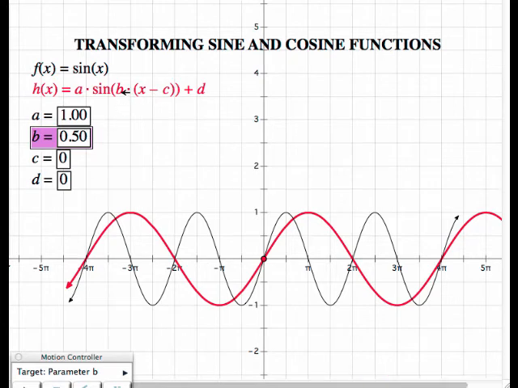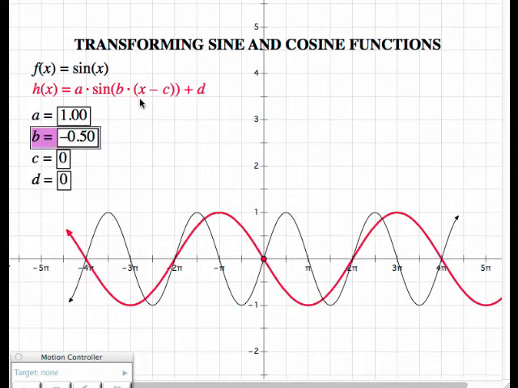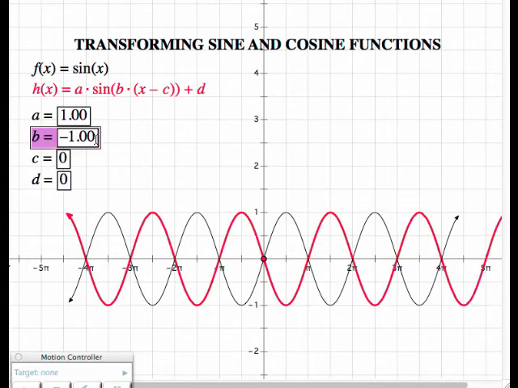Specifically, the reciprocal of the b value multiplied by your standard period of 2 pi is giving you your new period. The other thing to keep in mind is that we can make b values negative, and when we replace x with negative x, we know that causes a reflection of the original graph across the y-axis. Put b back to -1. You can see how the two graphs are related.